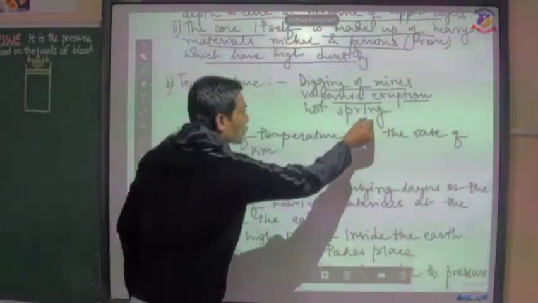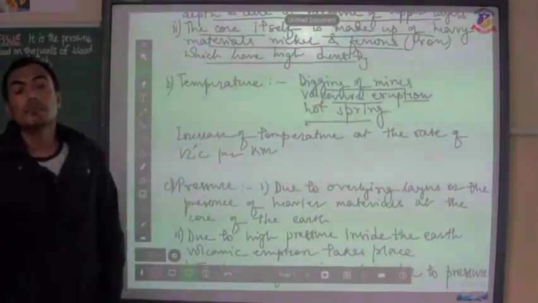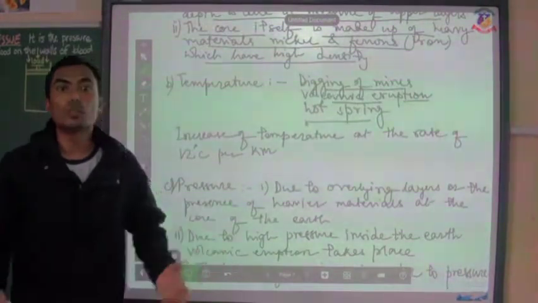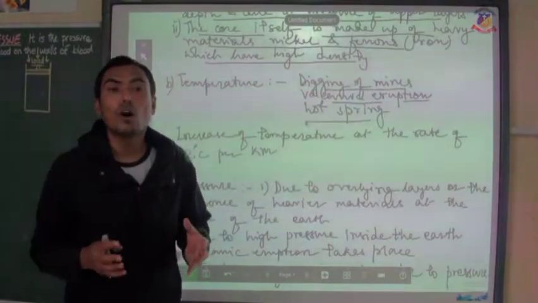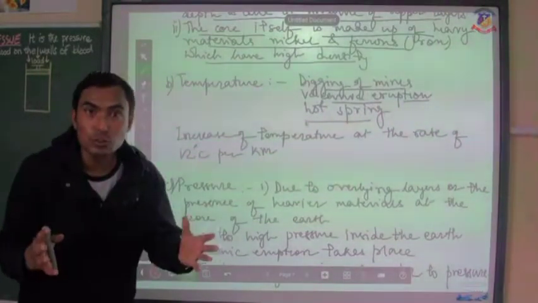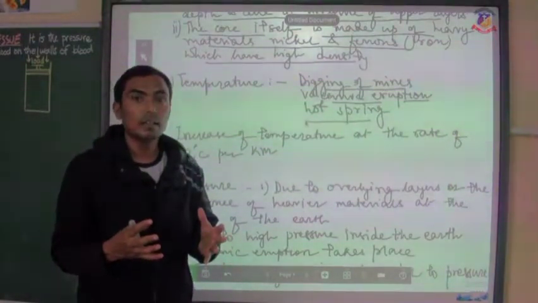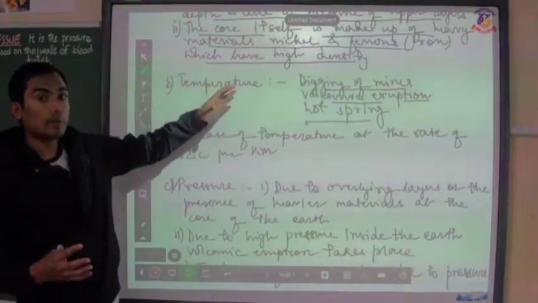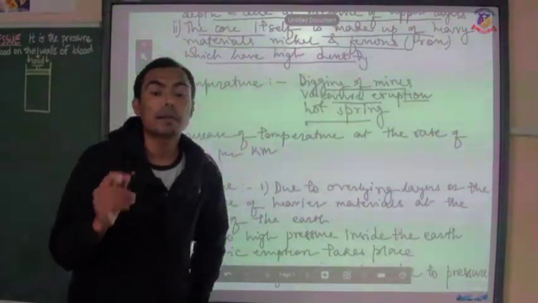Next, the hot spring. Hot spring is very important. Why? Because it is a spring which has hot water. Clear? It's natural hot water. How is it possible for natural water to be heated up without any human interference? This temperature of the earth is the reason why there are plenty of hot springs.